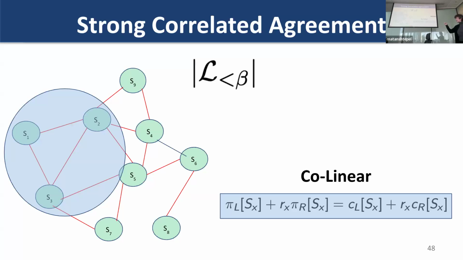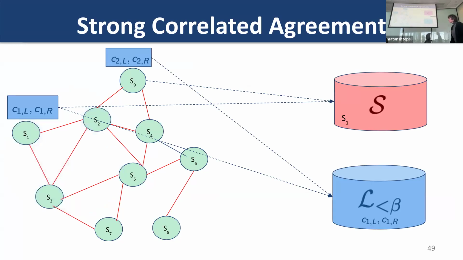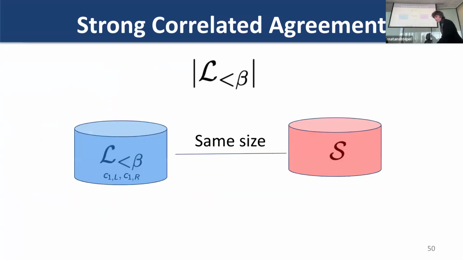So if three sets have large joint intersection, we can just assign them one code word pair. We don't need to assign them individual code word pairs because they're using the same code word pair. And by construction, we only added a code word when we added a set, so they're the same size.